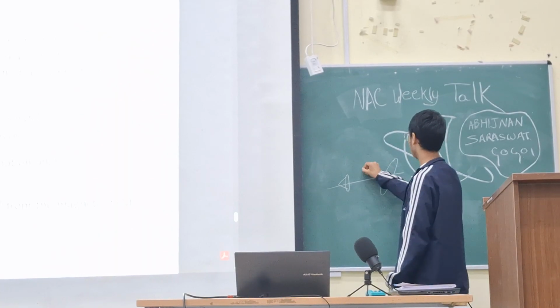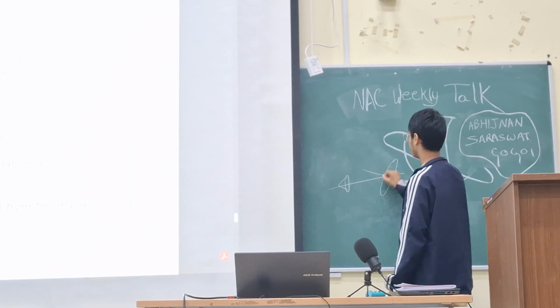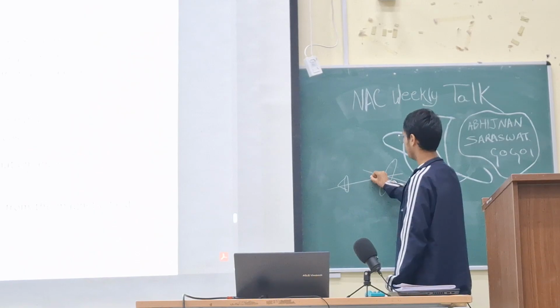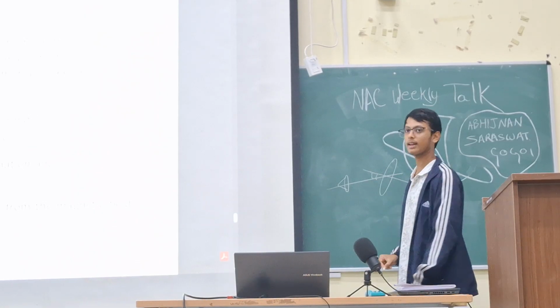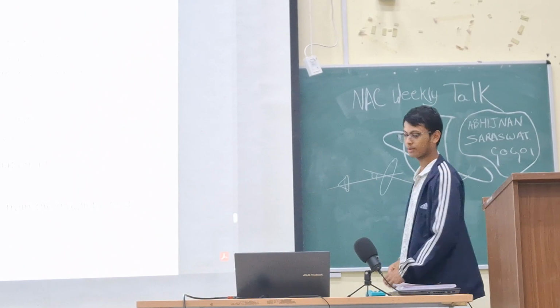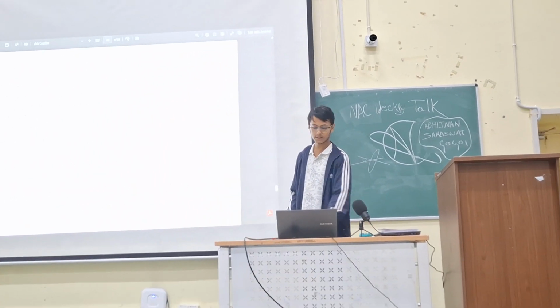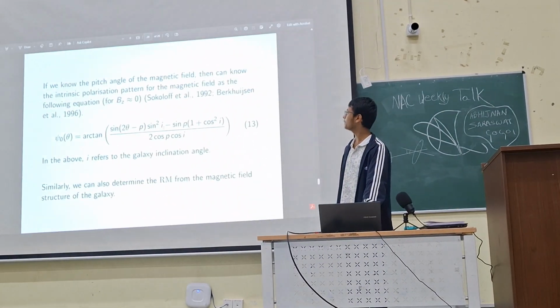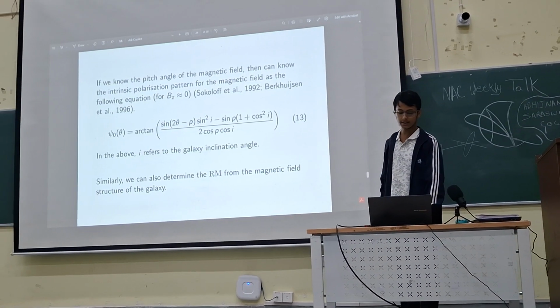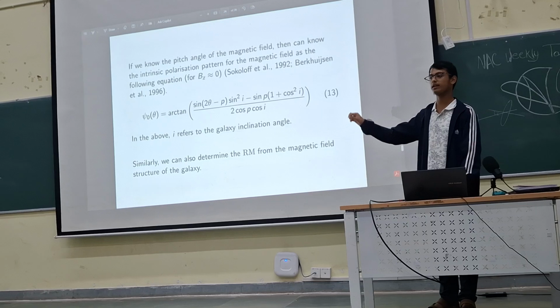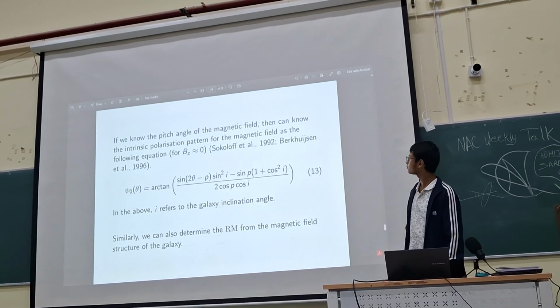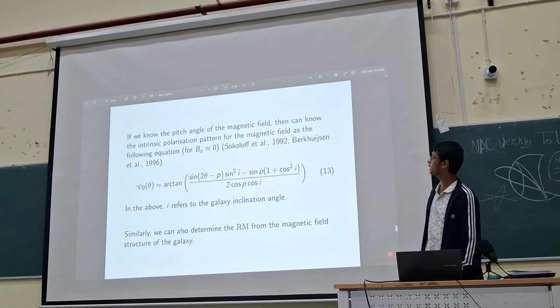So if we draw a perpendicular to the galactic disk, this angle is our galaxy inclination angle I. Okay, so it depends on the galaxy inclination angle I, our pitch angle P, and theta, which is basically the position in the galaxy. So that is how we can determine it.